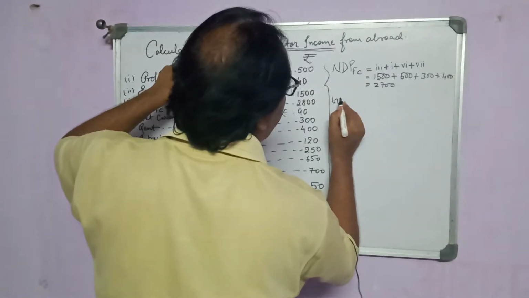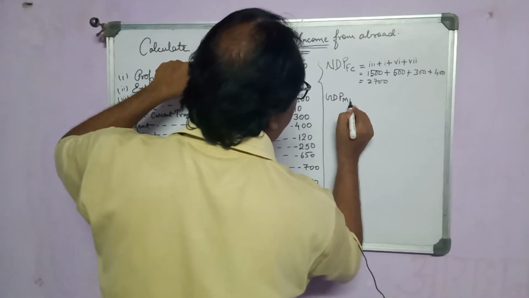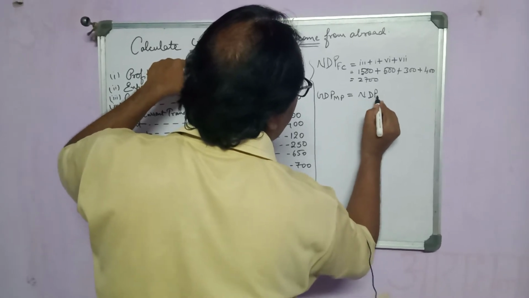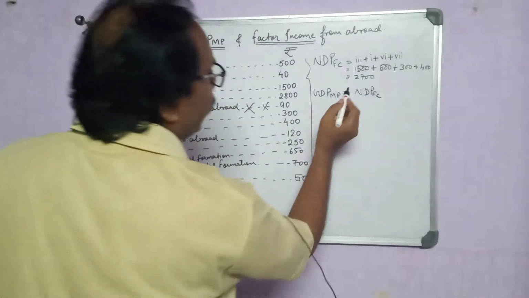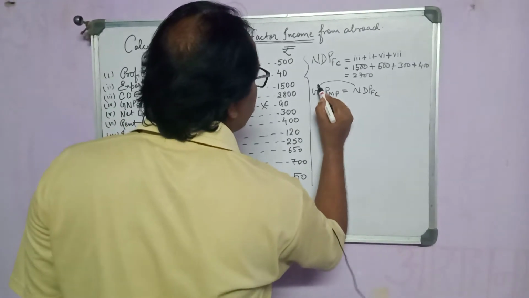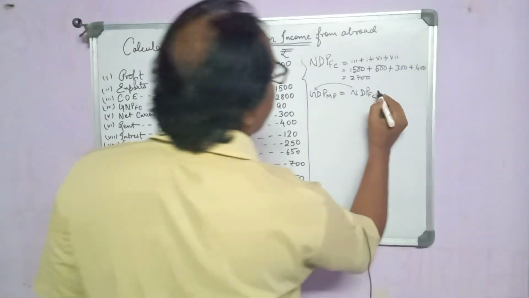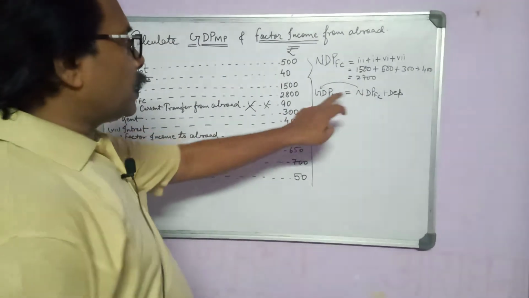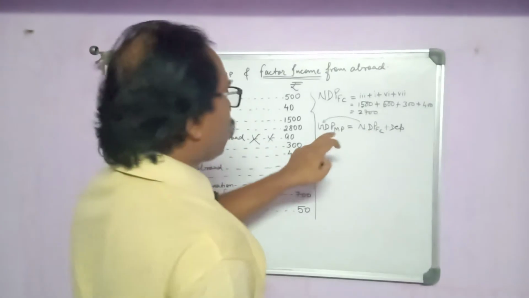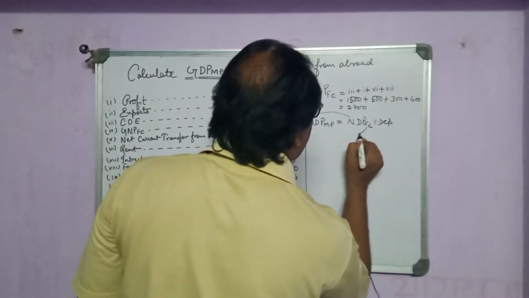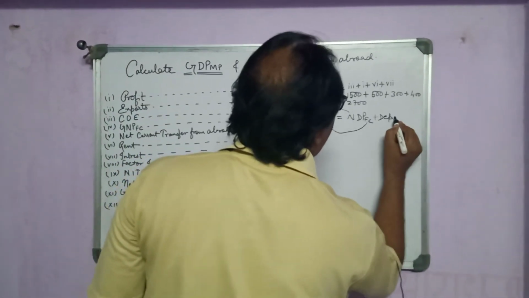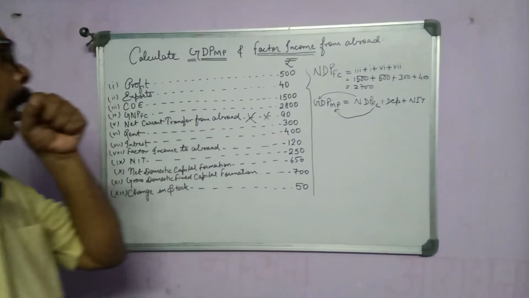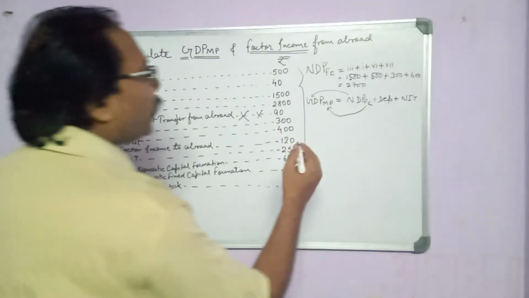So GDP at MP is equal to NDPFC. N will be converted into G by adding depreciation, and FC will be converted into MP by adding NIT, net indirect taxes.